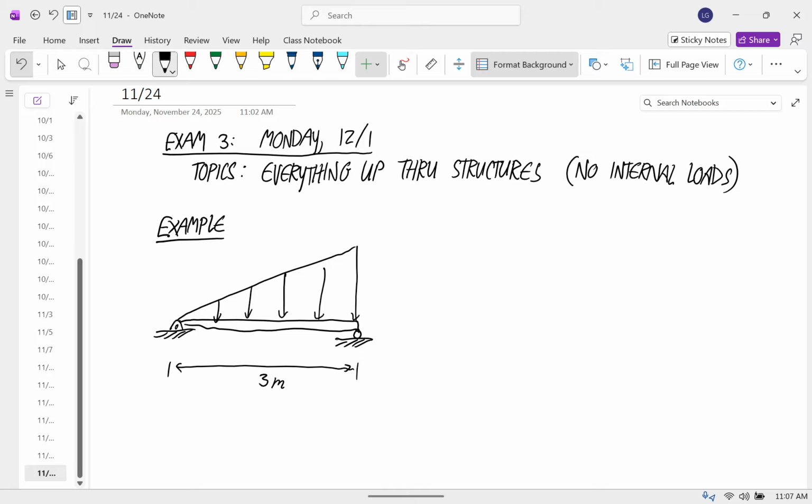And the maximum value of the distributed load is 1,000 newtons per meter. And we're going to neglect the weight, and calculate the internal loads. That's saying at the max, there's 1,000 newtons per meter, just on the far right. Right.